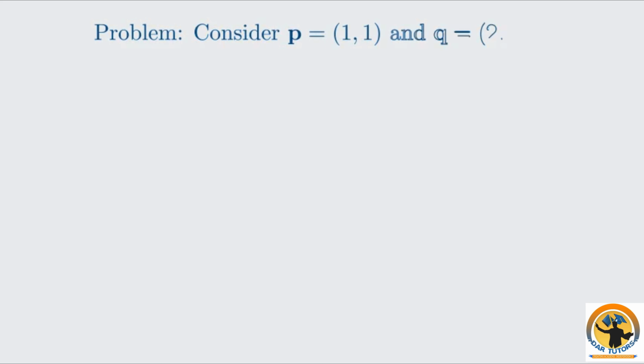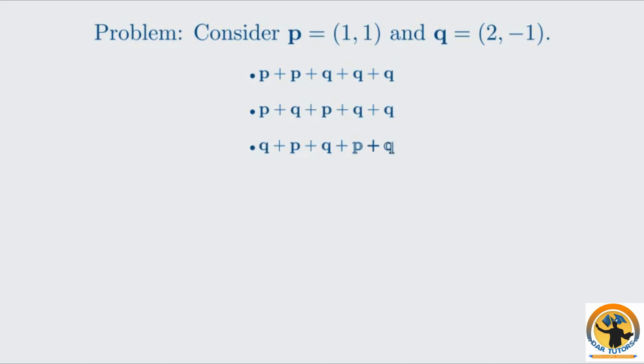Let's conclude with a conceptual question that reinforces the properties of vector addition. We are given two vectors, p equals (1, 1) and q equals (2, -1). We need to find the resultant vector for three different combinations of these vectors. Let's analyze the first expression.